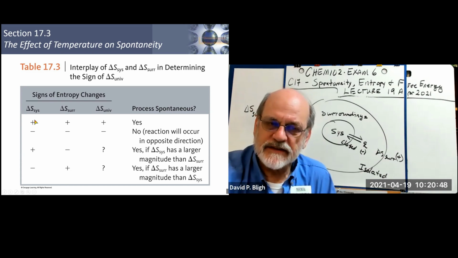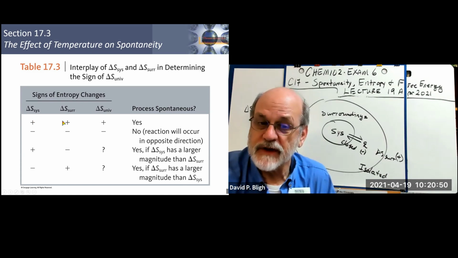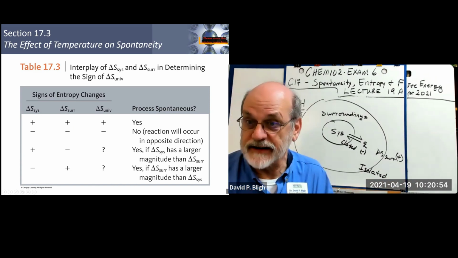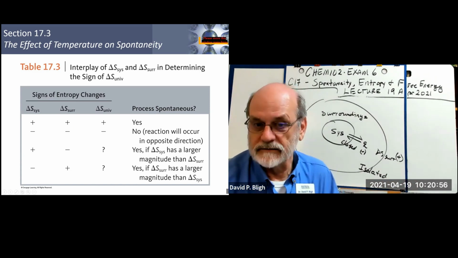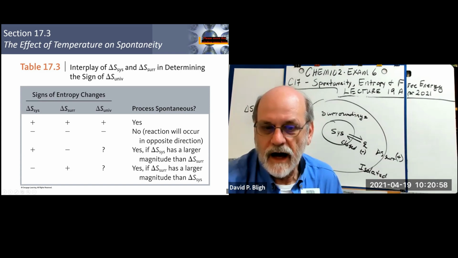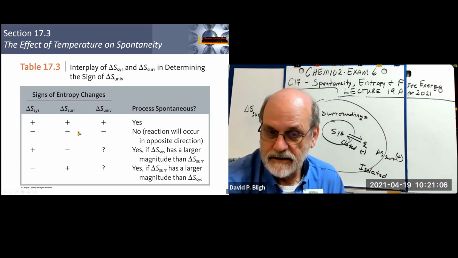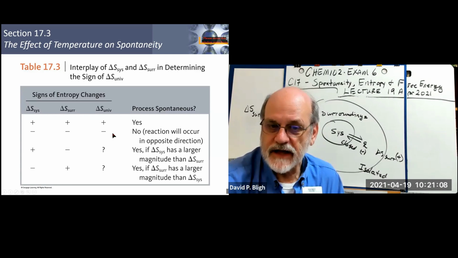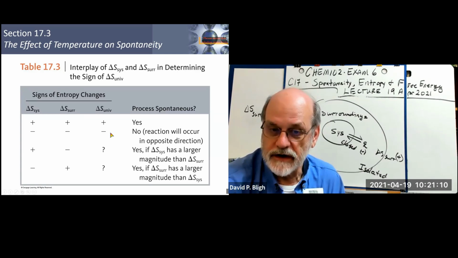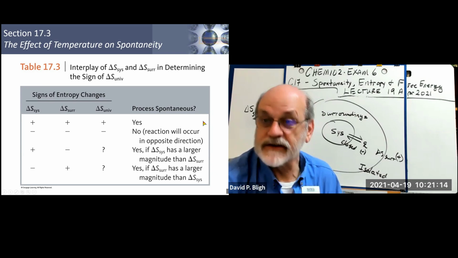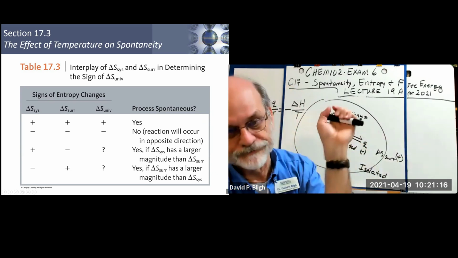So if we determine that the delta S is positive for both system and surroundings, that's obvious. It's spontaneous, no matter what. If, however, we find that the delta S for the system and the surroundings is negative, then the delta S for the universe or the total is negative, and no reaction will occur, except in the opposite direction.